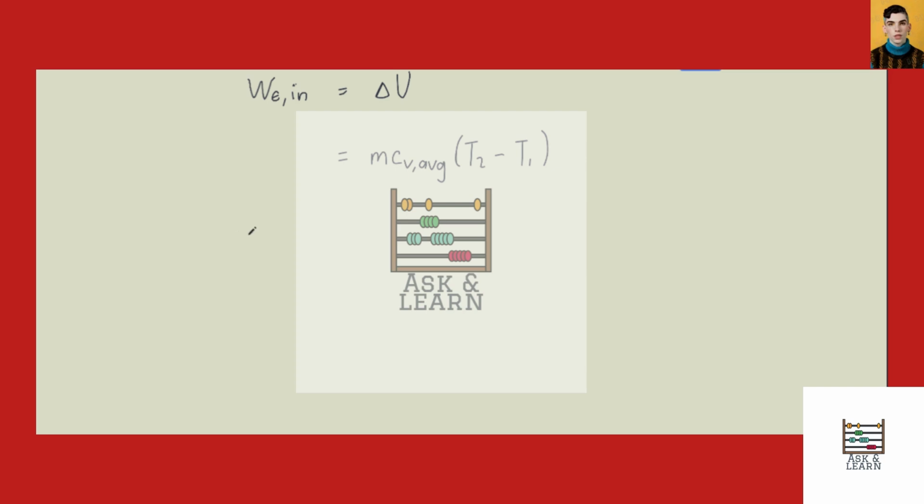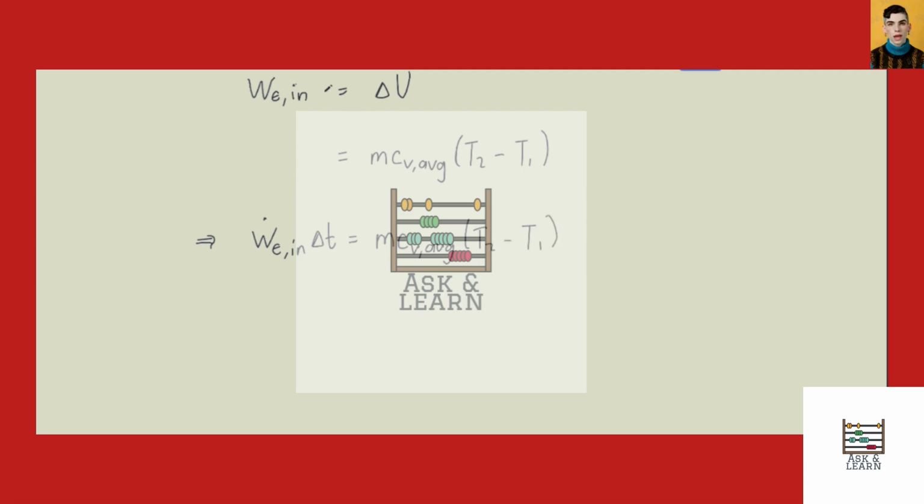So if we take the first derivative of this equation with respect to time, we get that the work rate, WE dot, times delta t is simply WE, and this is equal to the right-hand side, m C v times the change in temperature, T2 minus T1.